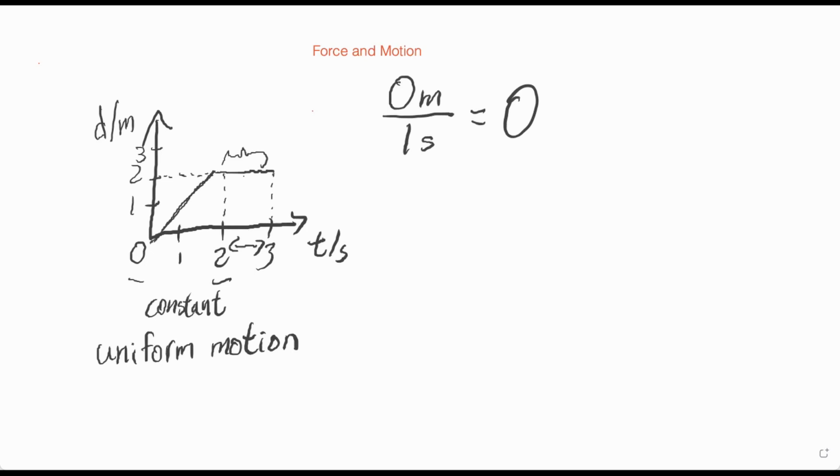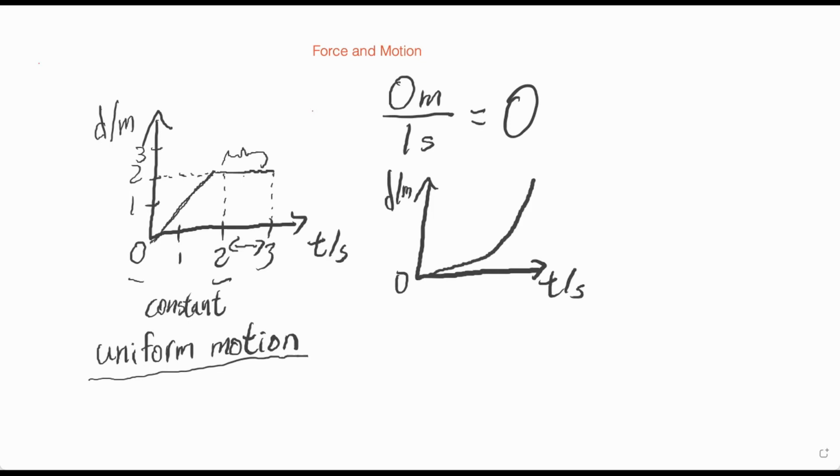Now, we talked about uniform motion, but that would mean there's also non-uniform motion. Uniform motion means that the speed is the same. So if its speed is not the same, like here, where we have a drawn graph, its speed is always changing. In the first second, it has traveled half a meter.